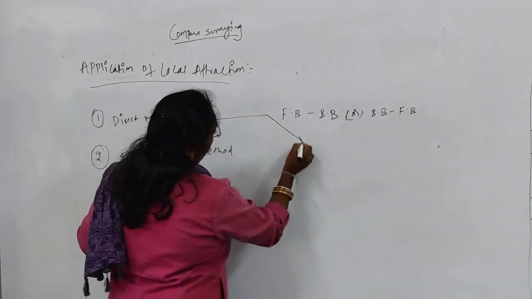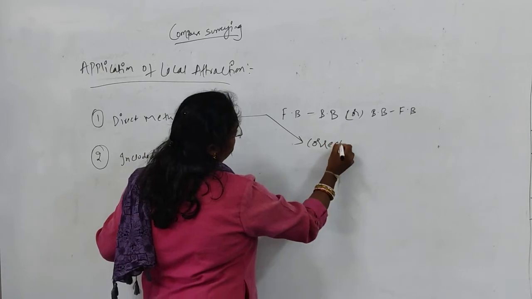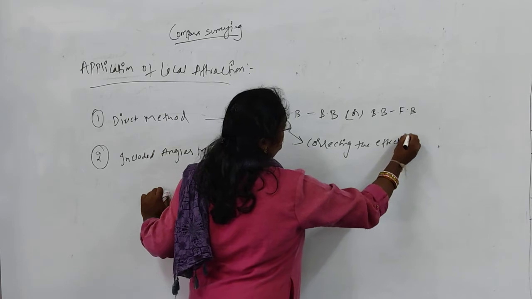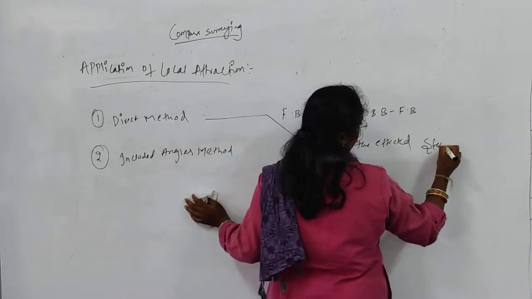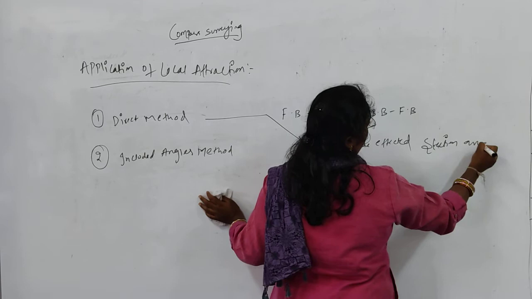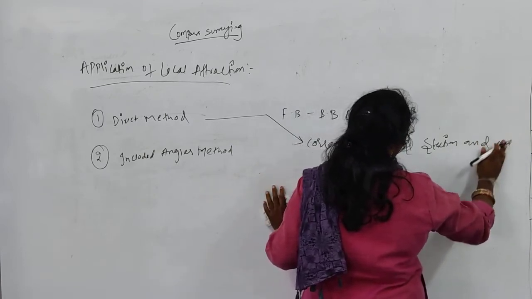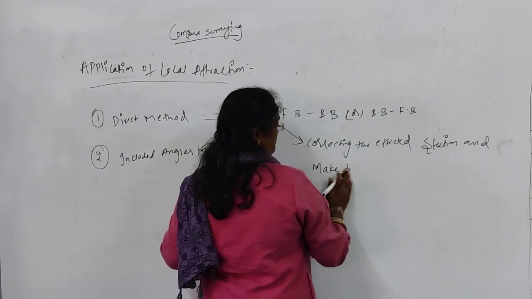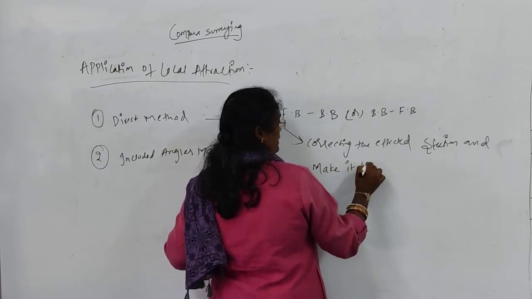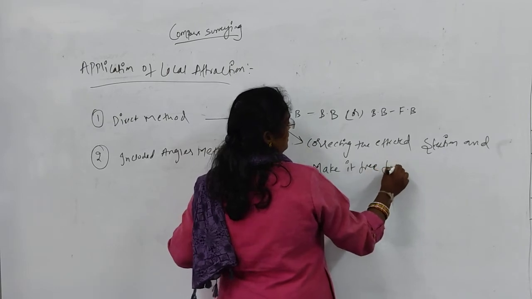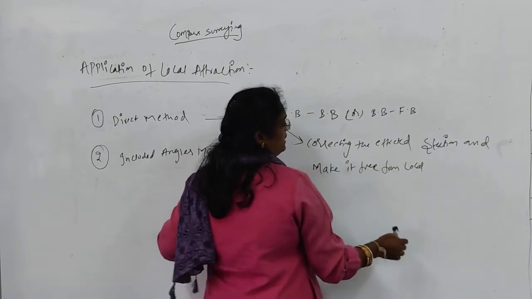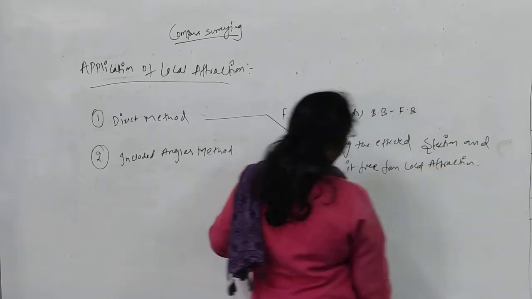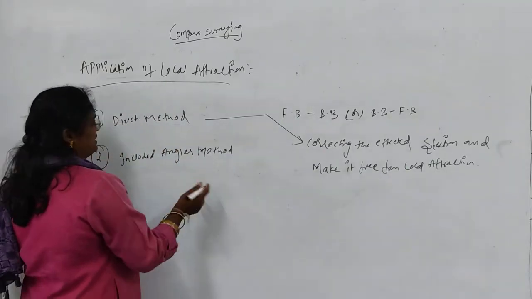Then we will be correcting the affected station and making it free from local attraction. This is the direct method. Mostly we will be going with the direct method or the included angles method.